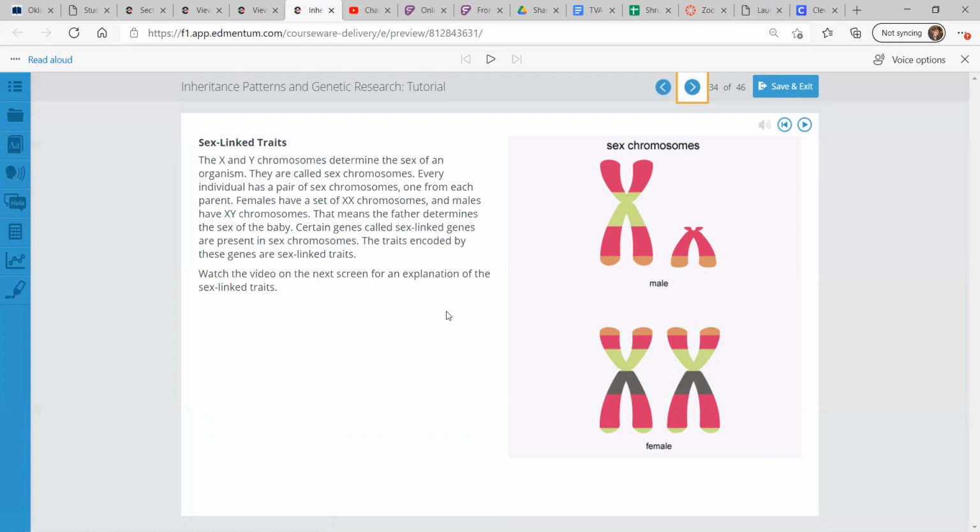Males have XY chromosomes. That means the father determines the sex of the baby. Certain genes called sex-linked genes are present in sex chromosomes. The traits encoded by these genes are sex-linked traits. Watch the video on the next screen for an explanation of the sex-linked traits.